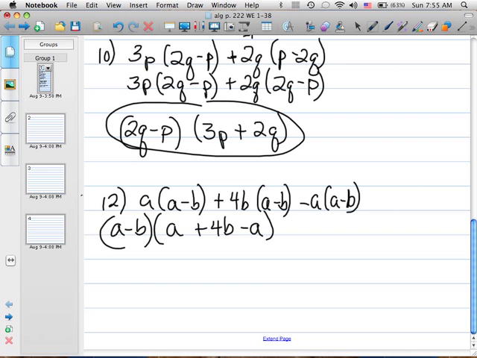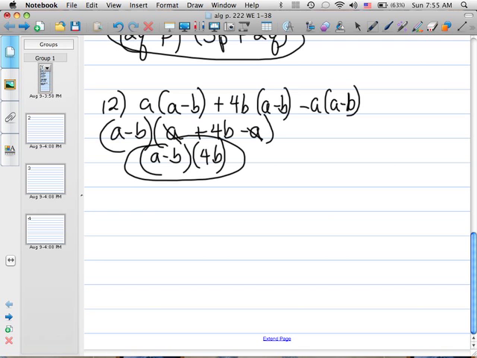Now we have to simplify our factors, and we can see that a minus a, those are going to go out. So our factors are a minus b times 4b. And the book generally rewrites it so the monomial is first, but we're okay for now.